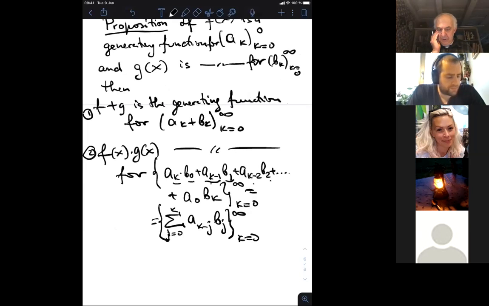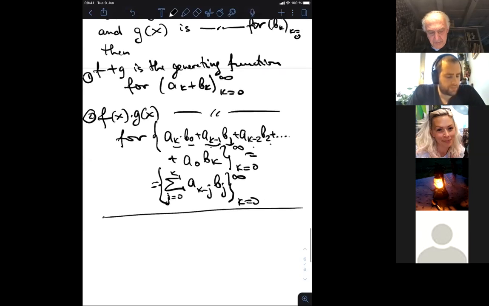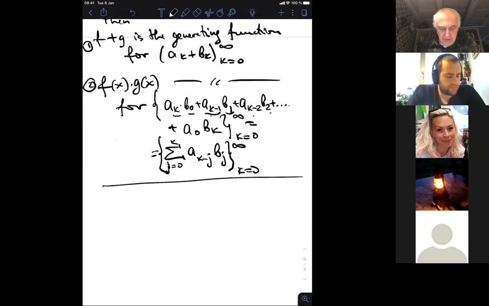Now, the next thing we'll do, and this is example 9.11 from the book, is find the generating function for the number of choices with repetitions. So further example, which is very nice. Example 9.11.